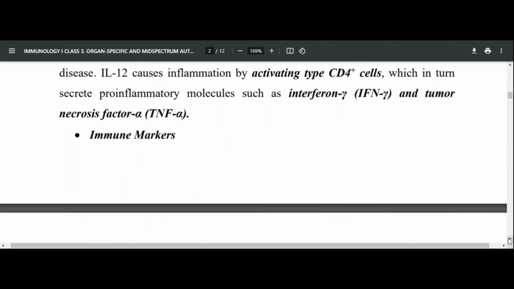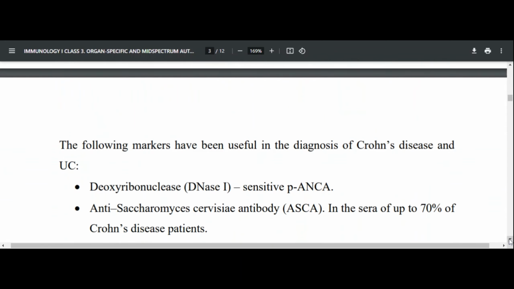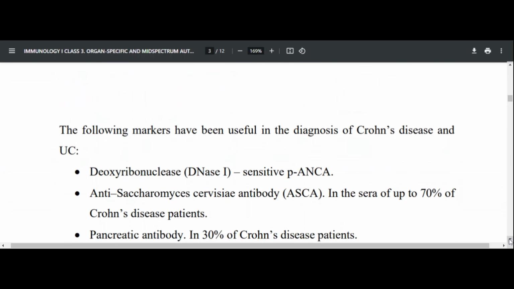So immune markers that are found in this condition, the following markers are found especially in Crohn's disease and also ulcerative colitis. The first marker, the immunologic marker, is of course antibodies: anti-deoxyribonuclease antibodies, anti-Saccharomyces cerevisiae antibodies, and also pancreatic antibodies in some patients with Crohn's disease.